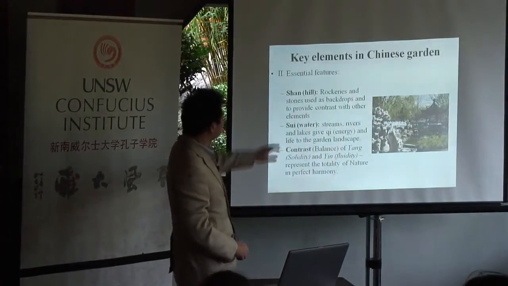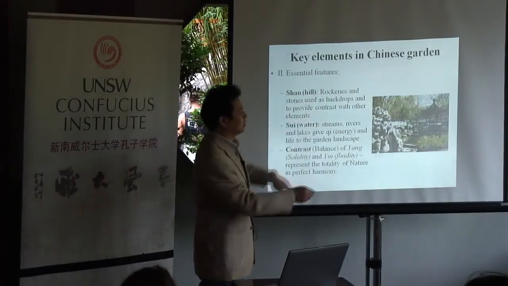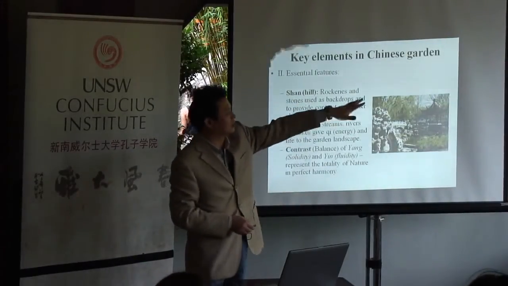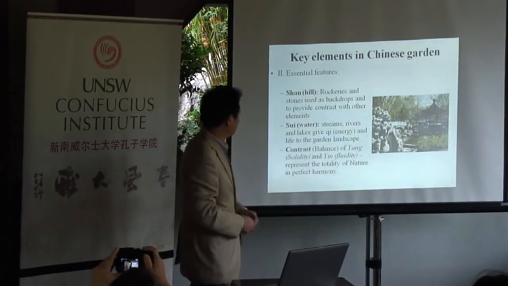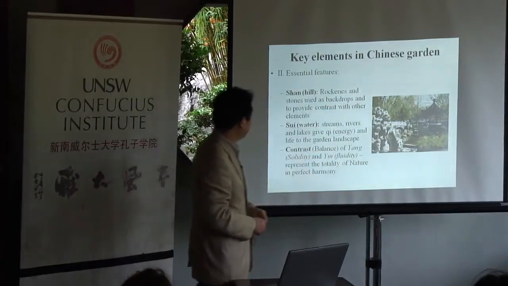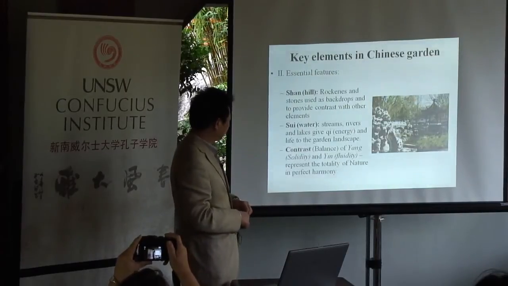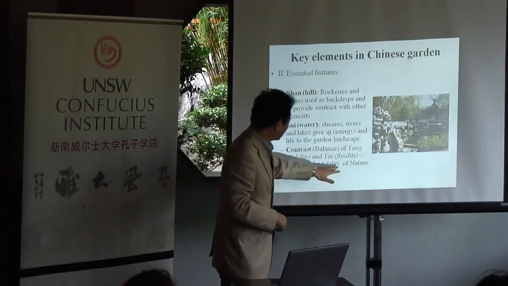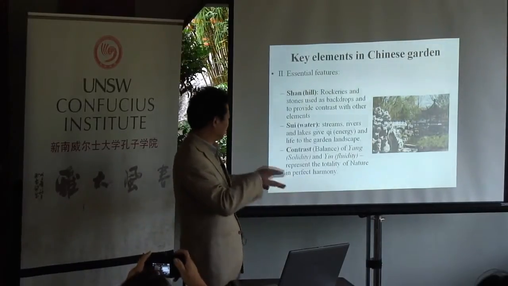The key elements in the Chinese garden. Shan, hill, we can look at the hill. Shui, water, contrast yang and yin. Yin, yang, represent the totality of nature in perfect harmony.